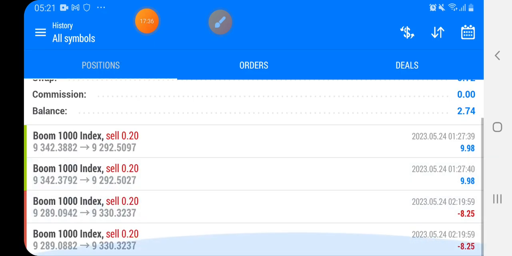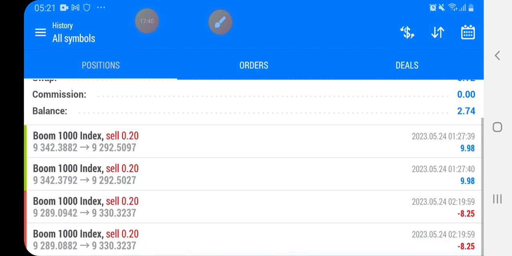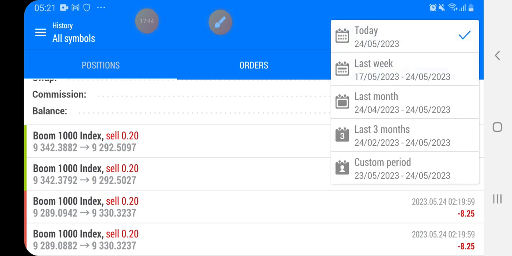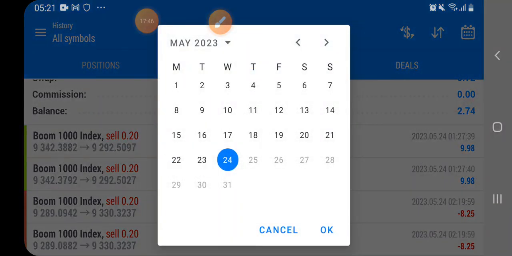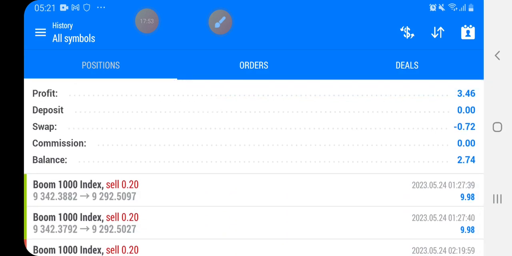All right, so if you look right here, today is the 24th, and this is early morning of the 24th. The robot is already $3 into profit, plus minus.